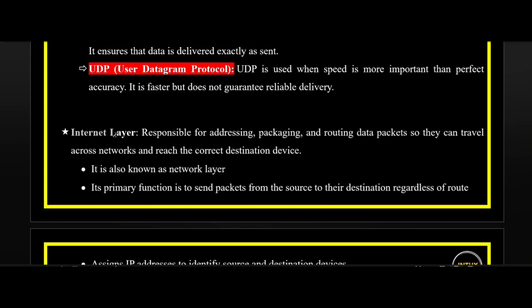The third layer in the TCP/IP model is the internet layer. It is responsible for addressing, packaging, and routing data packets so that they can travel across networks and reach the correct destination device. It is also known as the network layer. The internet layer's primary function is to send packets from source to destination regardless of route.